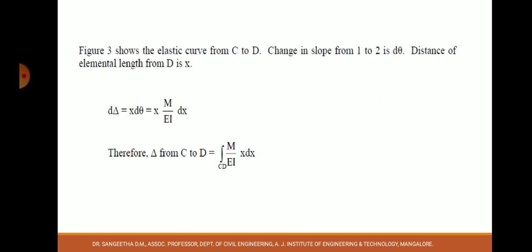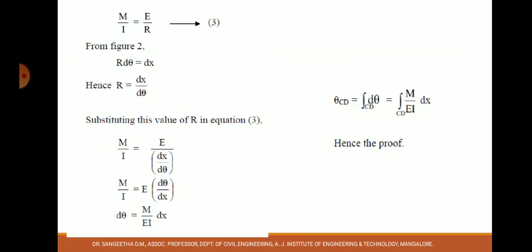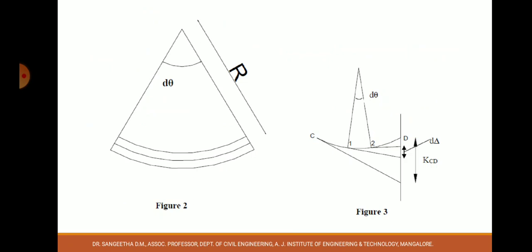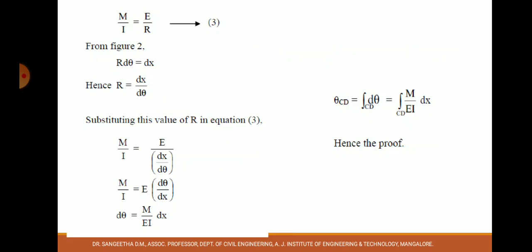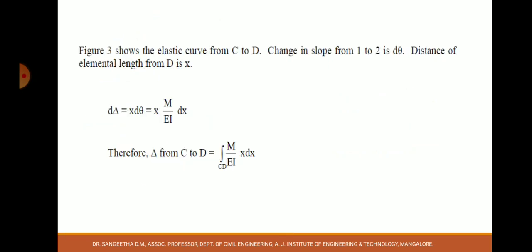Again, for the differential length, d delta, from C to D is delta CD. Therefore, d delta is equal to x into d theta, x into M by EI diagram. Therefore, deflection delta from C to D is equal to the integral of the M by EI diagram into its centroid distance.